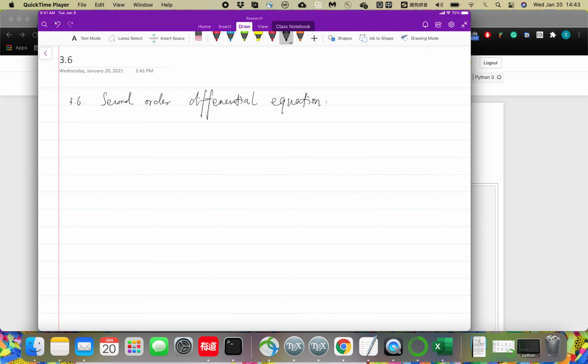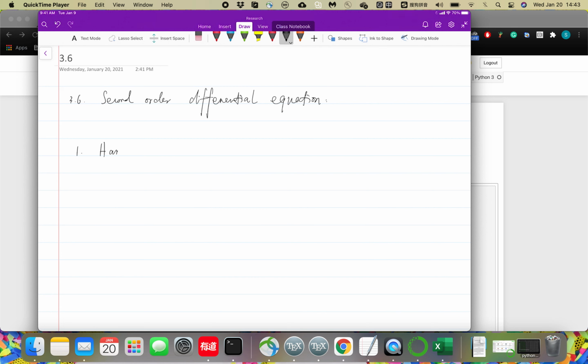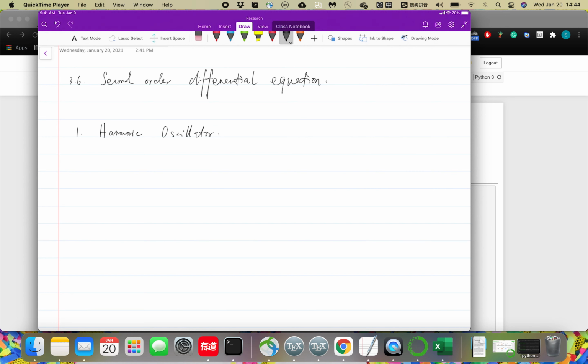So we want to talk about the harmonic oscillator. Okay, we have something like this before. m a equals Hooke's law minus b y prime.